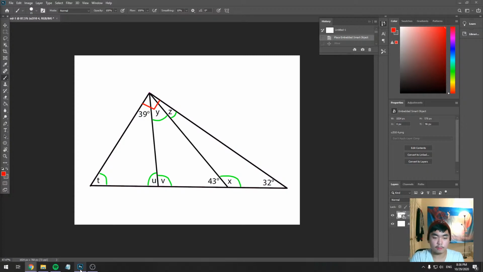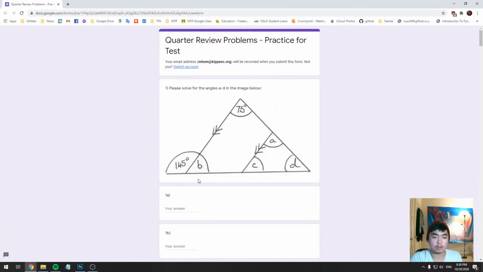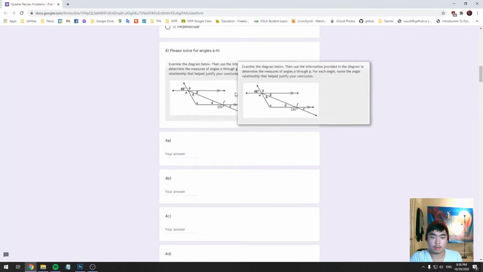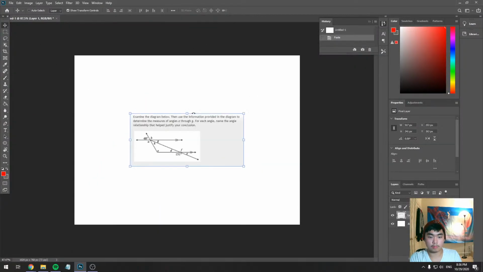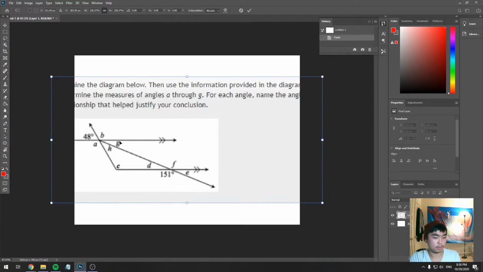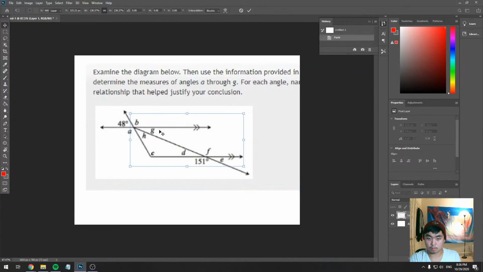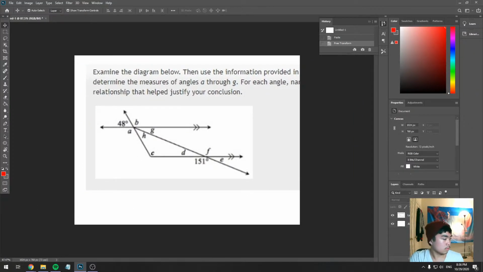So we have question 4. Alright, so for question 4, we have the following diagram.